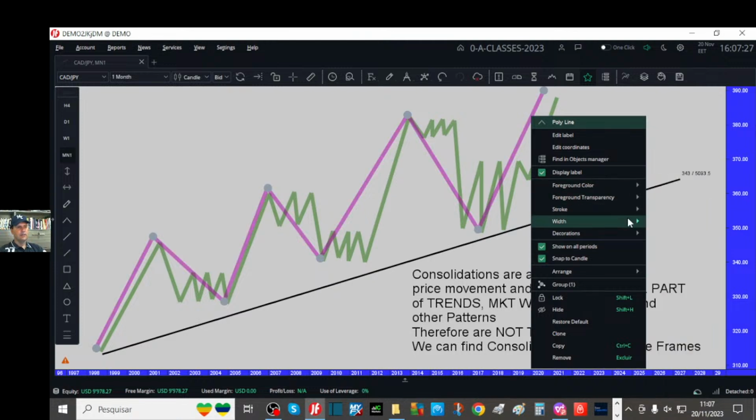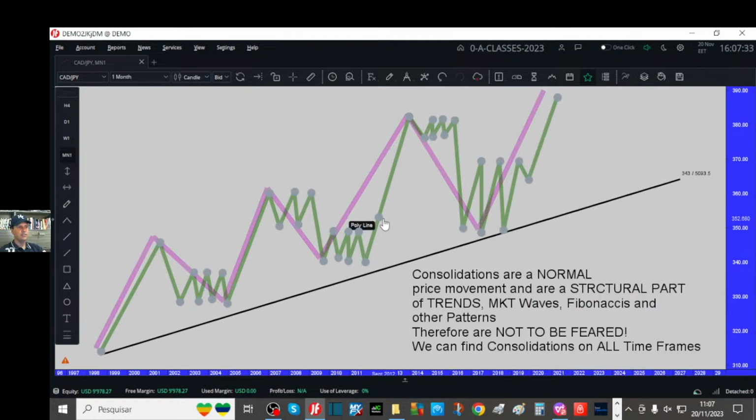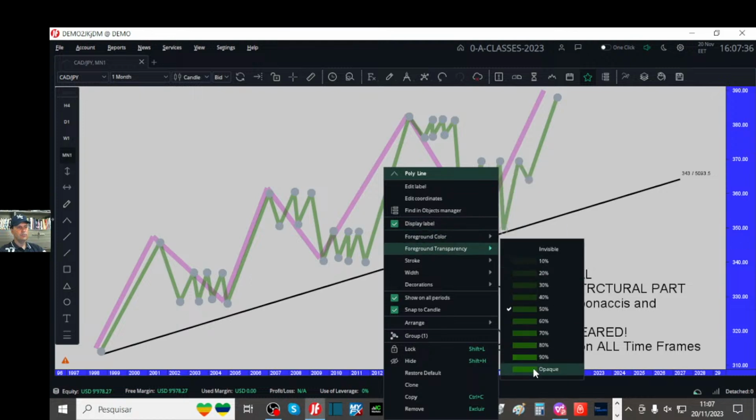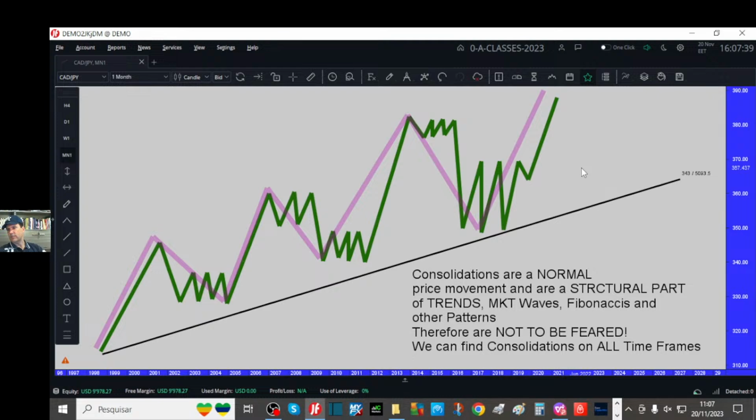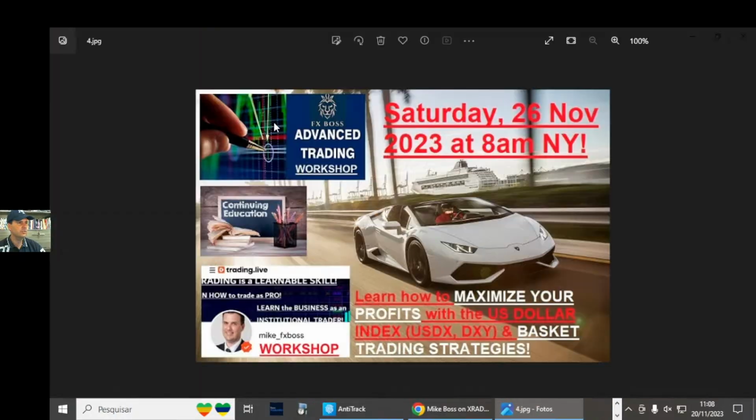Now I want you to learn, everybody, to understand that even though you have consolidation. Hello Ala, how are you? Ala, we have the basket course US dollar index this Saturday. I didn't forget on Zoom. And everybody, if you want to join, it's not 26th, it's 25th.